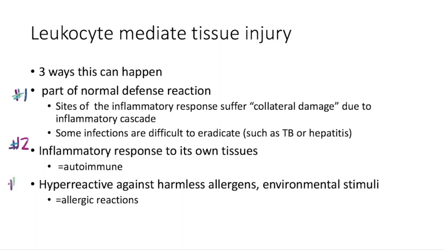And then we have this hyperreactive, which is allergic reactions against harmless allergens, environmental stimuli. So regardless of either 1, 2, or 3, however this happens, the leukocyte damage to normal tissue is the same mechanism. Once the leukocytes are activated, their effector mechanisms do not distinguish between offender and host, is basically what happens.